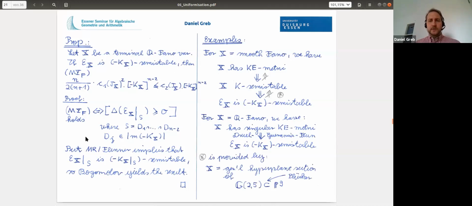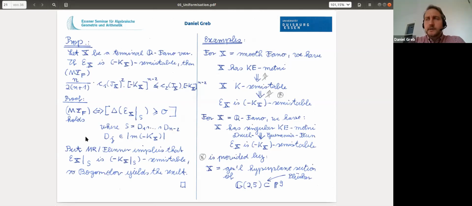So the counterexample up here is provided by a very classical sort of variety, classical algebraic geometry, namely you take the Grassmannian G(2,5), the Grassmannian of planes in C^5, you embed it into P^9 via the Plücker embedding, and then you take a general linear hyperplane section.